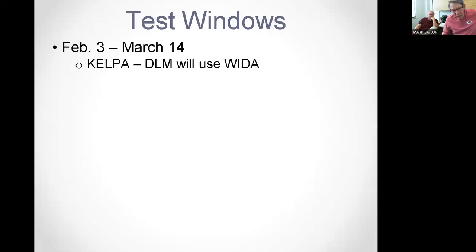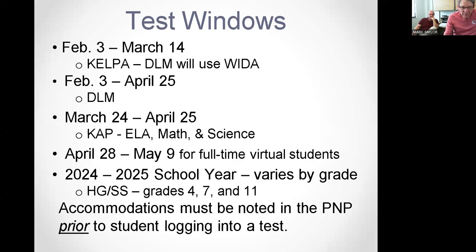Here are the test windows. CALPA, February 3rd to March 14th. DLM students use the WIDA assessment. From February 3rd to April 25th, you have the DLM. March 24th to April 25th are the state assessments for ELA, math, and science.